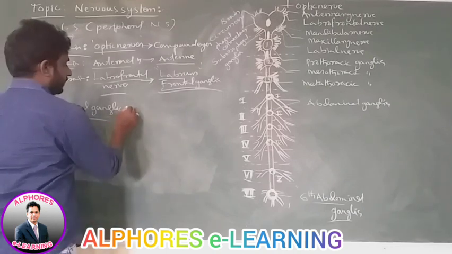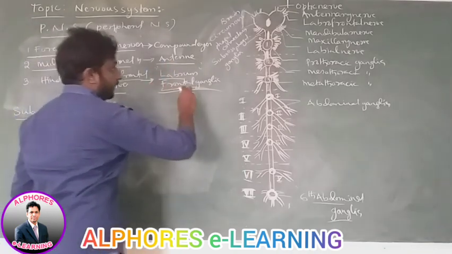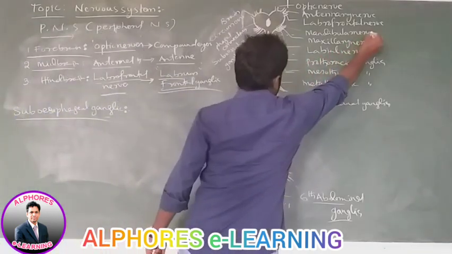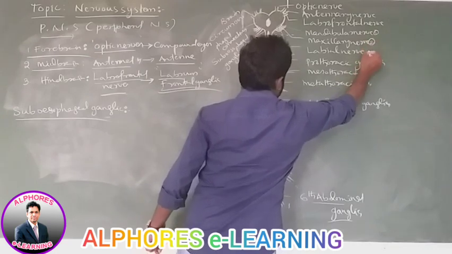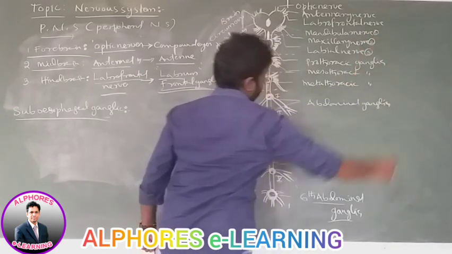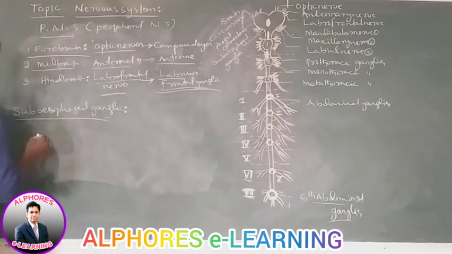From this subesophageal ganglia, 3 pairs of nerves arise. First one, mandibular nerve. Second one, maxillary nerve. Third one, labial nerve.